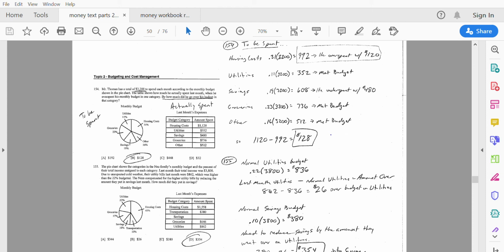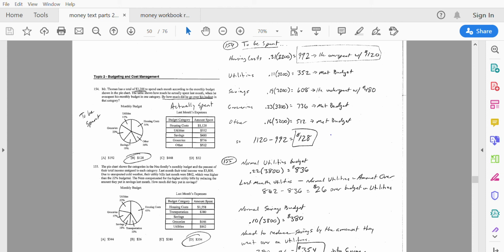Okay, 155. This one looks like it's a little bit of a different problem, so let's read through this one, make sure we understand. It says the pie chart shows categories in the family's monthly budget and the percent of their income assigned to each category. So that information is the same. They have the budget with the percents. It says last month their total income was $3,800.